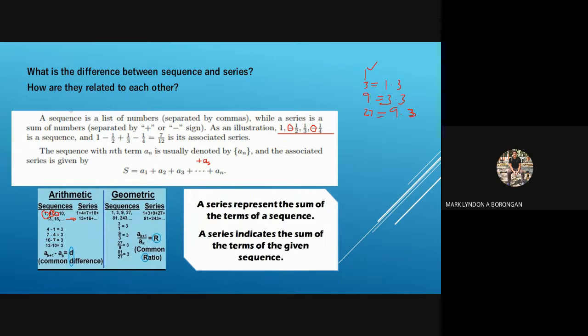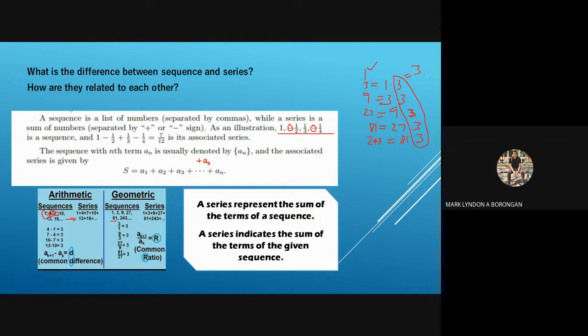The next term is 81. 81 is simply 27 times 3. And 243 is just 81 times 3. So you can see what is common to all of them: that is 3.